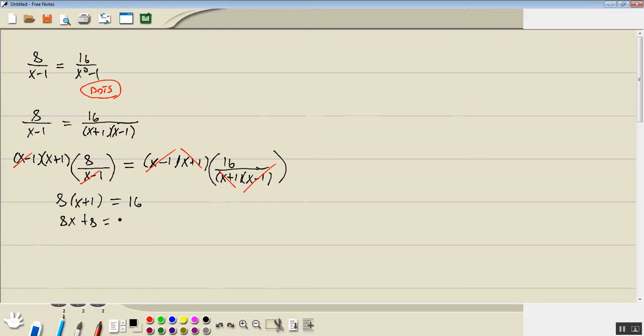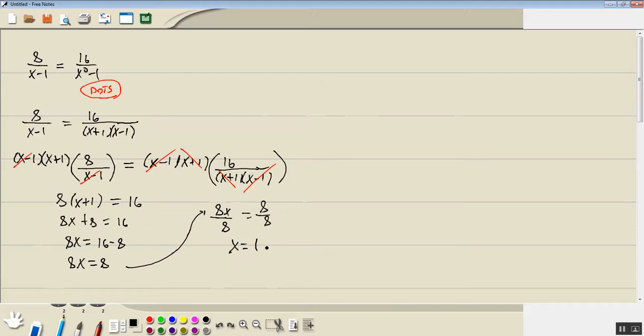That's the distributive property. Take the 8 over to the right side, and it becomes a negative 8. 16 minus 8 is 8. And then divide both sides by 8. And we get x equals 1 maybe.